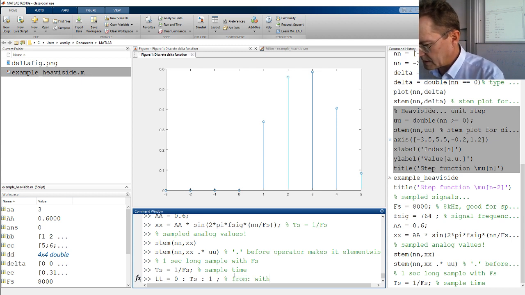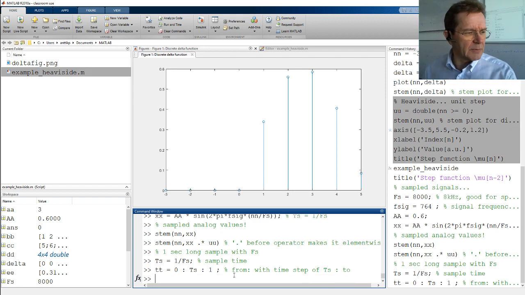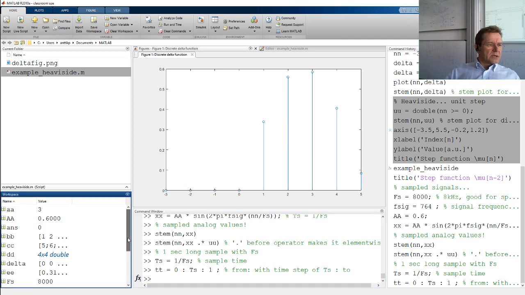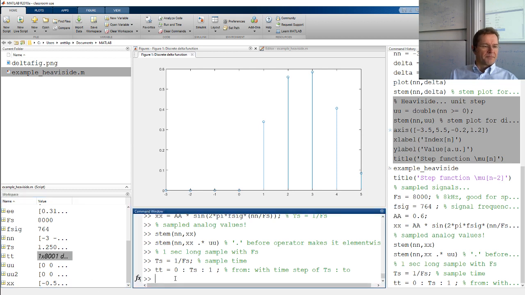From, with time step of Ts, to. There we go. And now taking a look at the workspace, TT is 8,001 samples. Well, of course, yeah. 0 comes from the 0, and then the last one still matches the other. So it's 1 more than the 8,000 we expect.